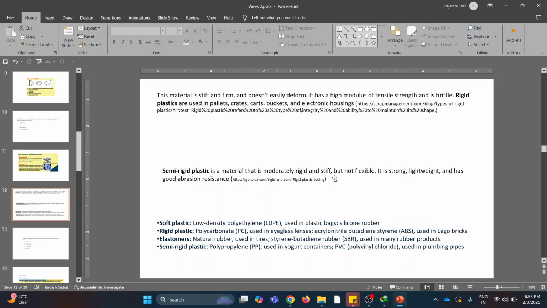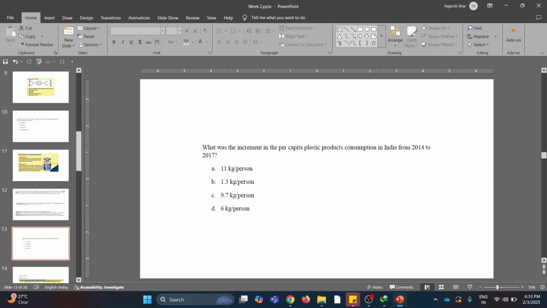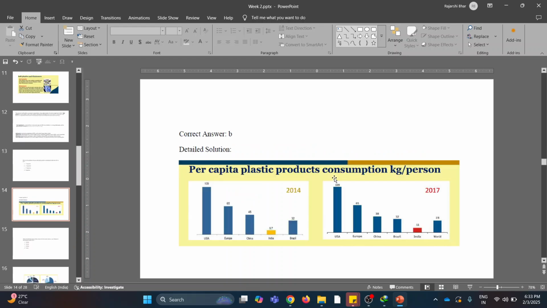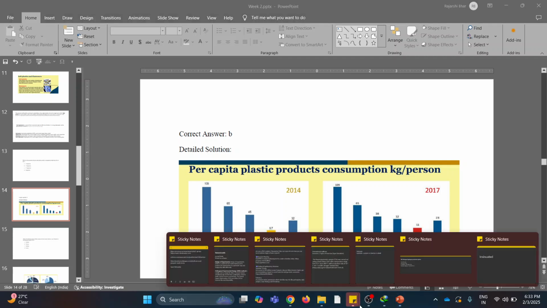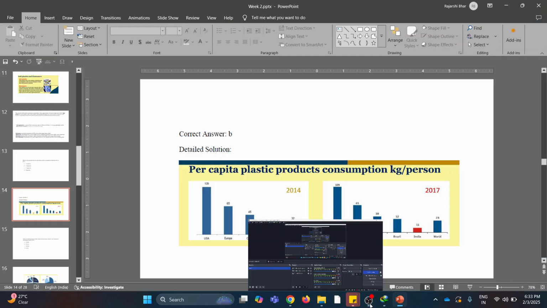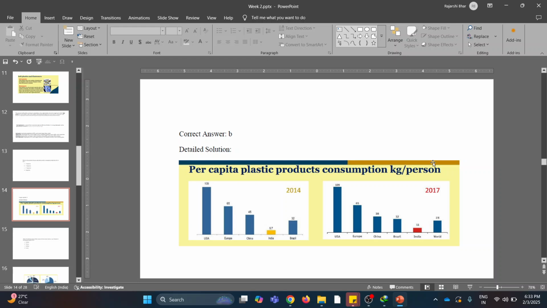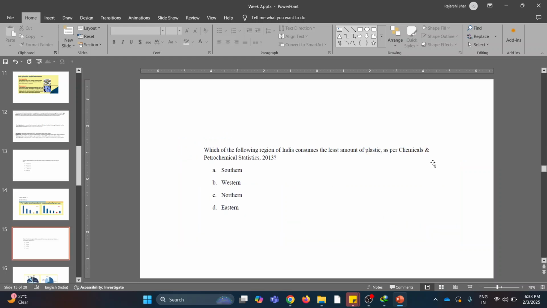After that, what was the increment in the per capita plastic products consumption in India from 2014 to 2017? You can see here that in 2014 it was 9.7 and it rose to around 11 in 2017. So that is why the increment was 1.3. So option B is the correct answer.